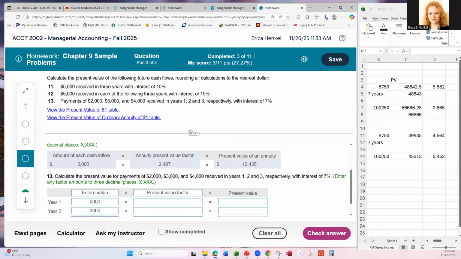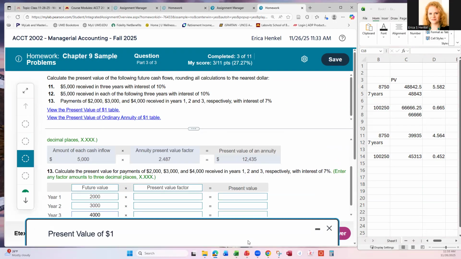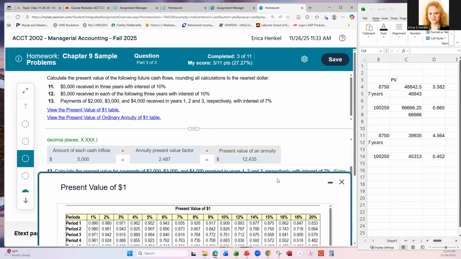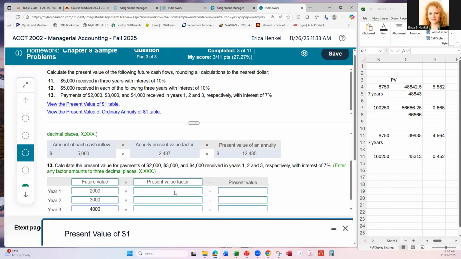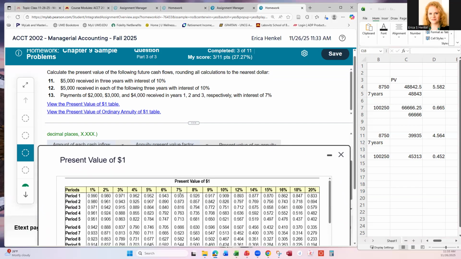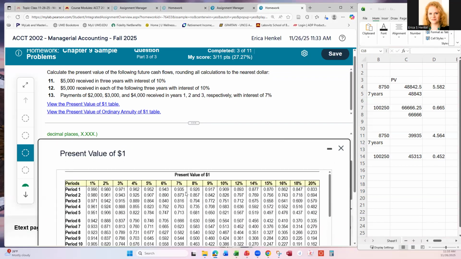So for the first one, we're going to use the present value table for each of these. We've got 7% and 1 year, which is 0.935. And then 2 years at 7% is 0.873. And then for 3 years at 7%, it's 0.816.